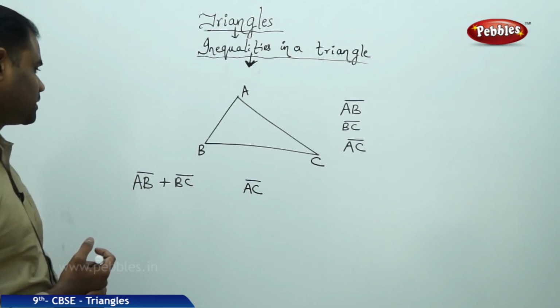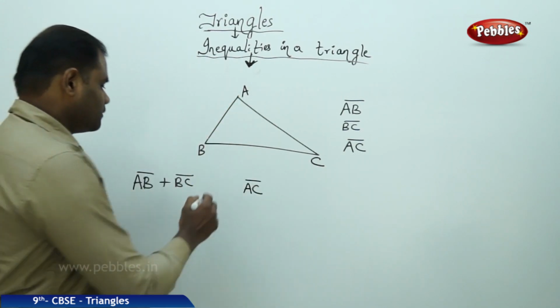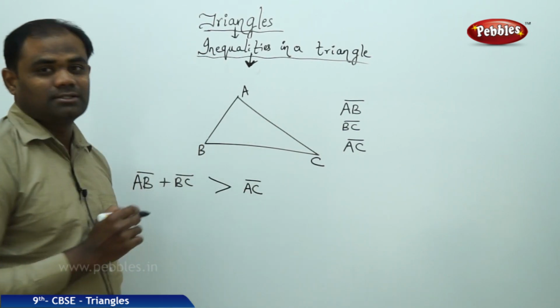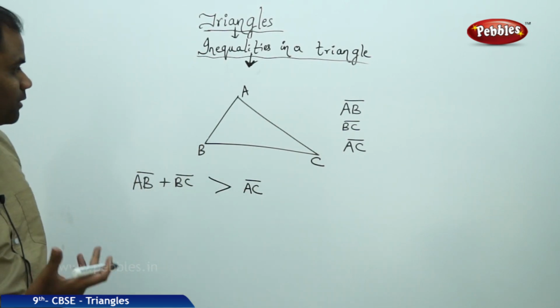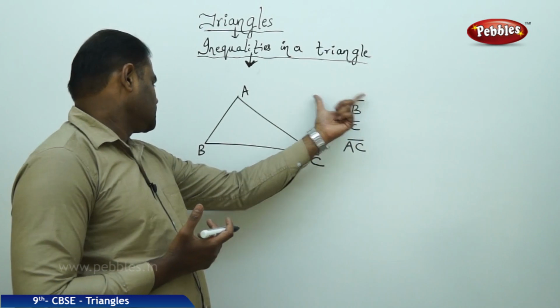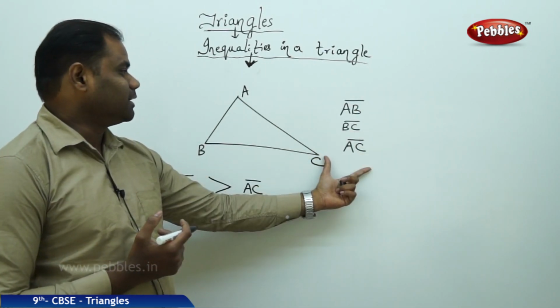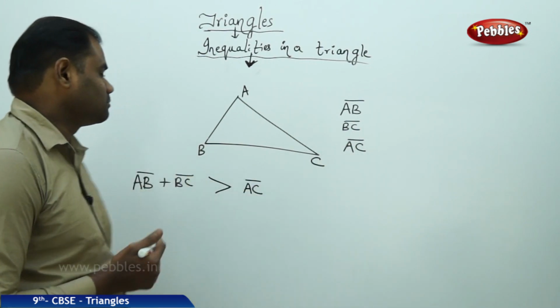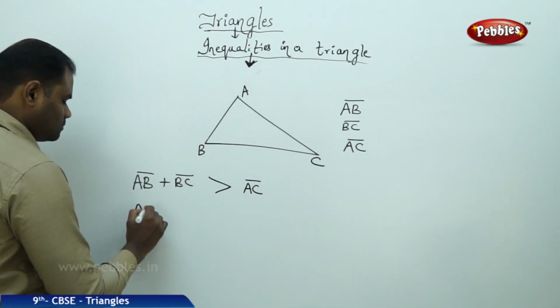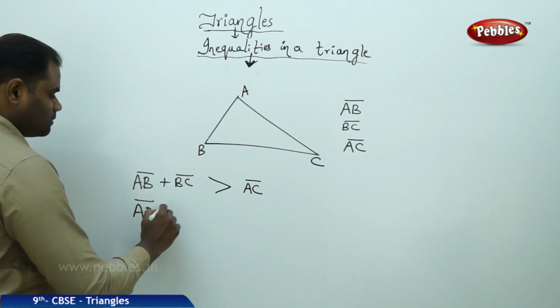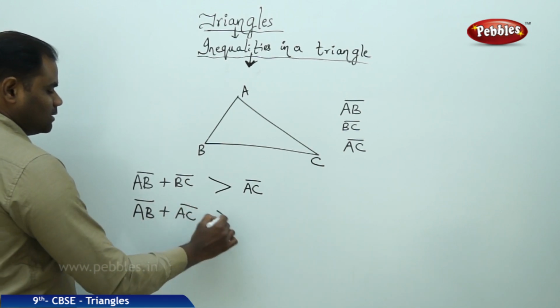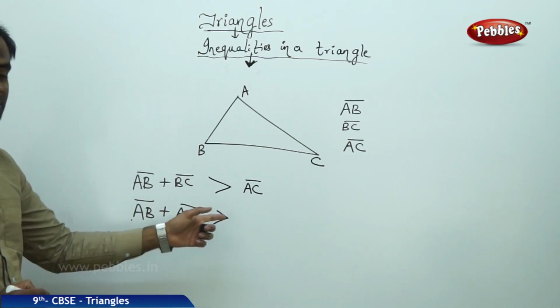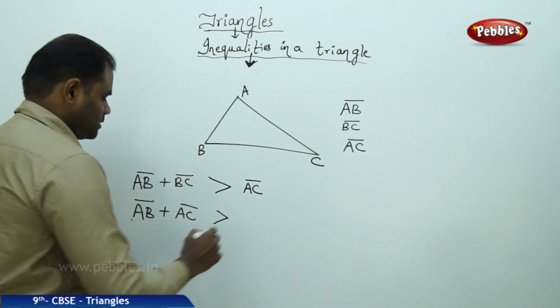Mathematically, the property says that the sum of two sides will always be greater than the third side. This is true if you take BC and AB or BC and AC. That is, AB plus AC will always be greater than BC. So if I take the two sides AB and AC, then the sum of these two sides must be greater than the third side BC.